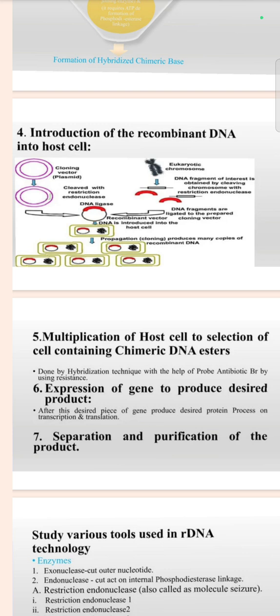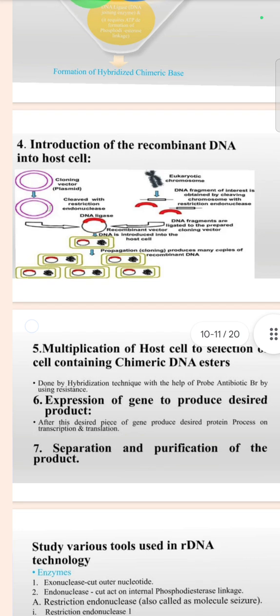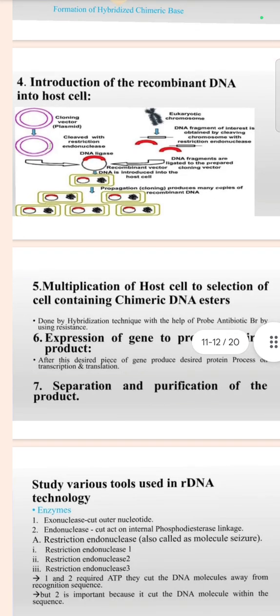The next we are going to learn electroporation. rDNA can be introduced into plant cells by electroporation, which is the introduction of rDNA into plant cells through the cell wall by making the cell wall permeable with electrical shock treatment. The next one is the shotgun method. rDNA can be introduced into plant cells: rDNA coated on gold particles is injected into plant cells by a microprojectile gun.